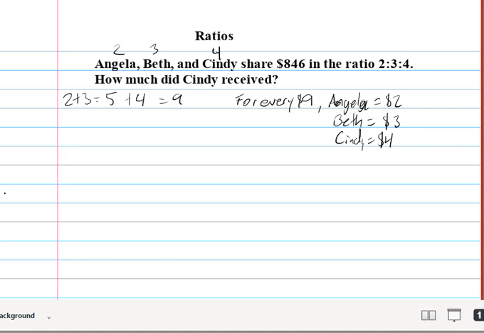Right? For every $9, this is what happens every time. So I want to know how many nines are in 846. Once I figure that out, I know who gets what.